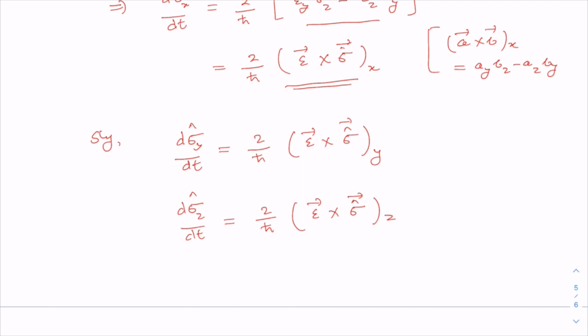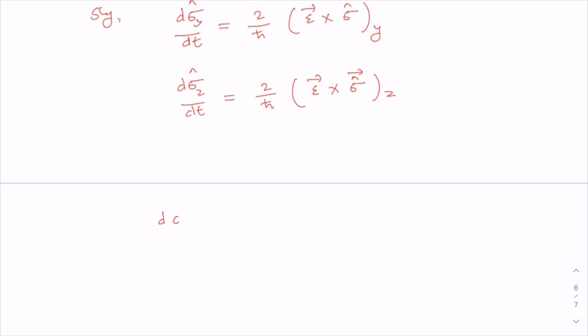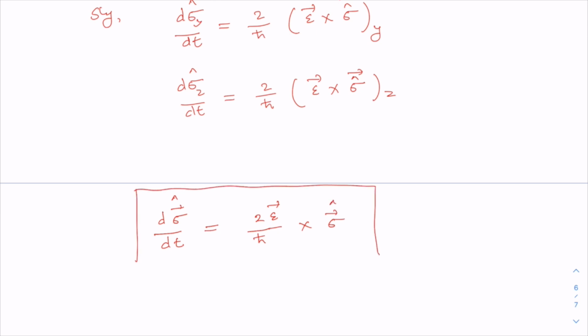So now we can combine all these results and we can immediately write an equation for the time evolution of the Pauli vector sigma, and that would be d sigma dt is equal to 2 by h cross the epsilon vector cross the Pauli vector. Okay, so this gives us the time evolution of the Pauli matrix, and this equation should remind you about the gyroscope you may have studied in your classical mechanics course.